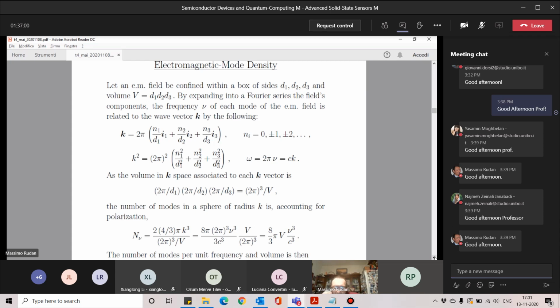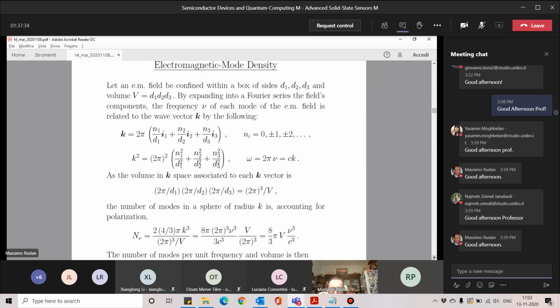However, k is a vector, whereas the k that appears in the expression of the frequency is the modulus of the vector, okay? So this vector can be oriented anywhere in space. So it defines a sphere, okay? So it is like having a fixed value of k that, being the modulus of a vector, can be oriented anywhere, okay?